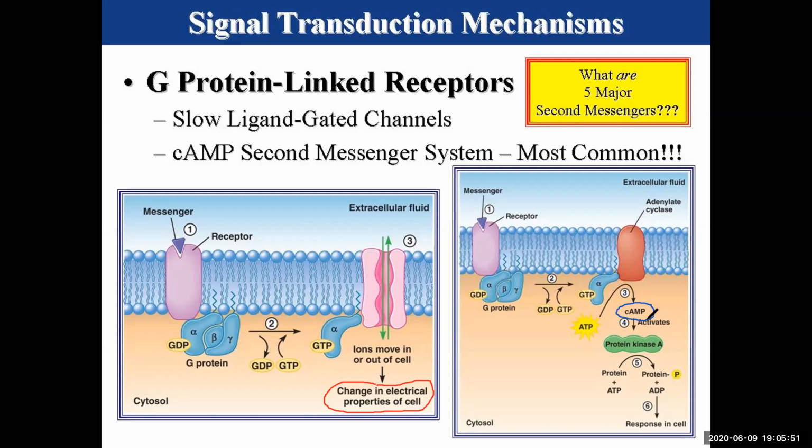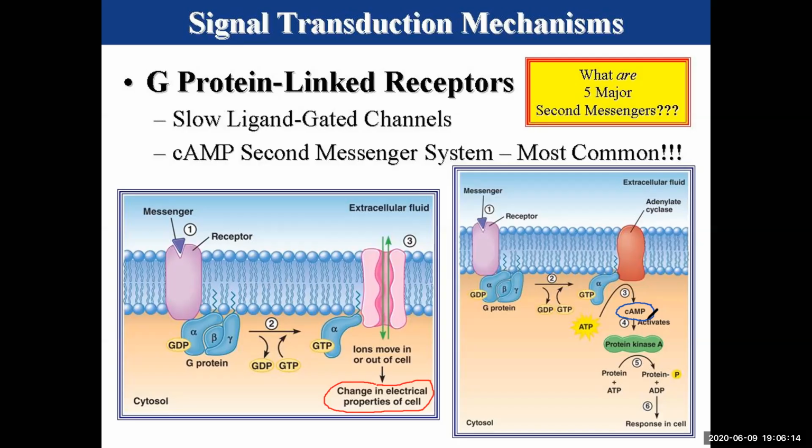And these 5 major second messengers, you can find them on table 5.3, page 141 of your book. Right, so go to table 5.3, learn the 5 second messengers. Okay, so we went over calcium, we went over cyclic AMP.